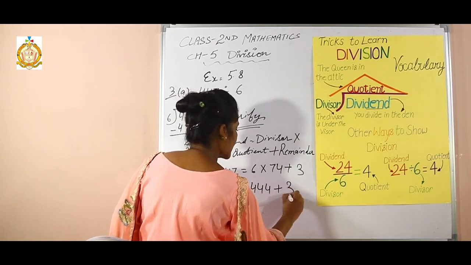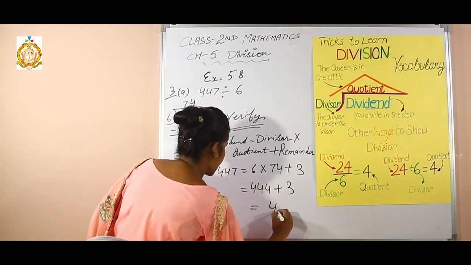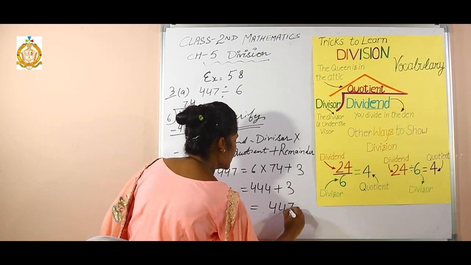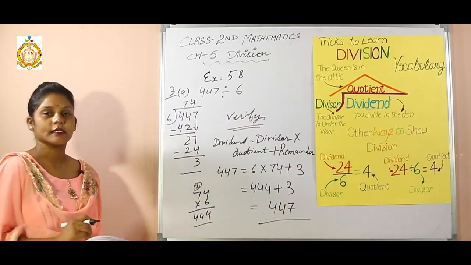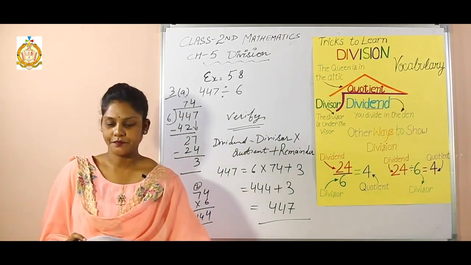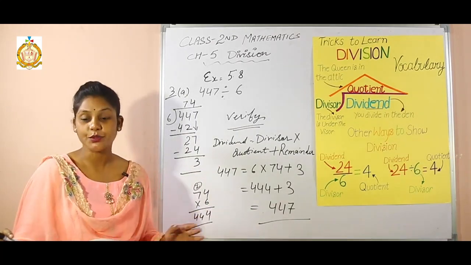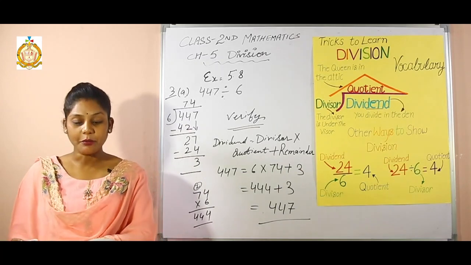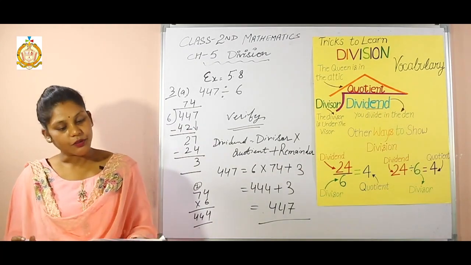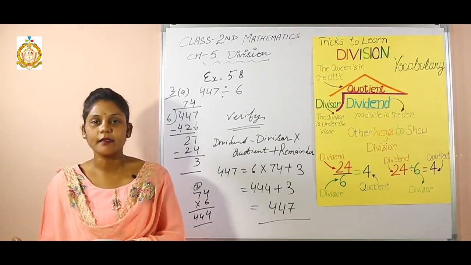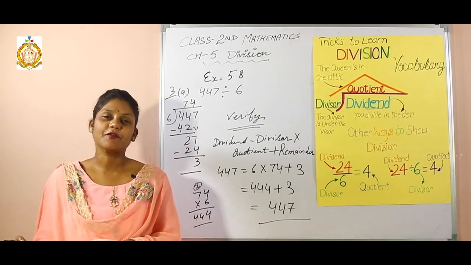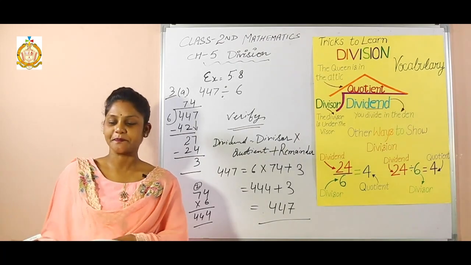So plus 3. What comes? 447. This is the answer. Clear everyone? I hope you will understand this way. And exercise 5.8, all the portion, means 4 parts are there. So you can do it with the help of your parents in your notebook.